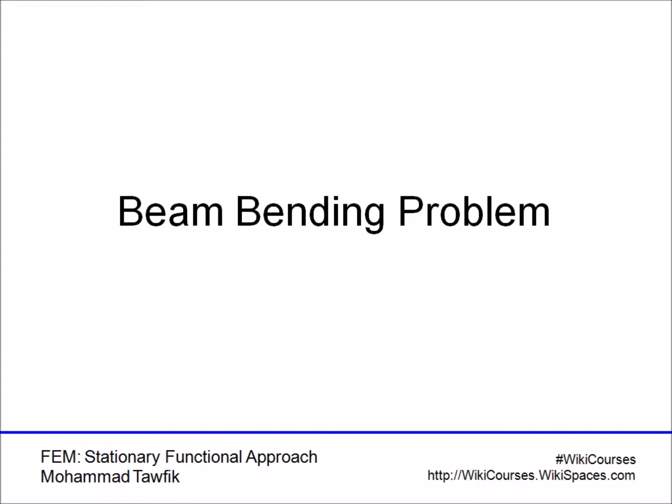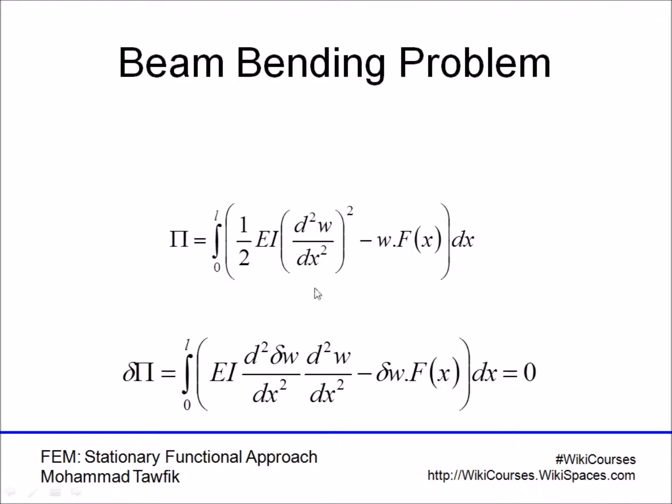Remember that from the equilibrium of stress and external applied load in a beam, we found that the stress of a beam is given as EI times the second derivative of the deflection. The second derivative of the deflection is actually a representative of the strain. It's actually the second derivative times z, of course.